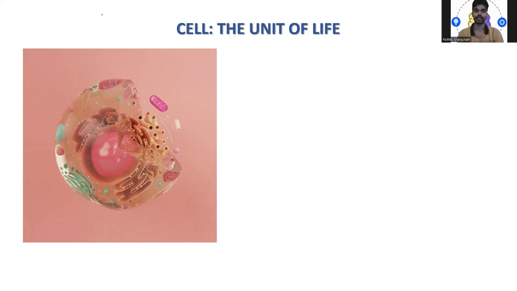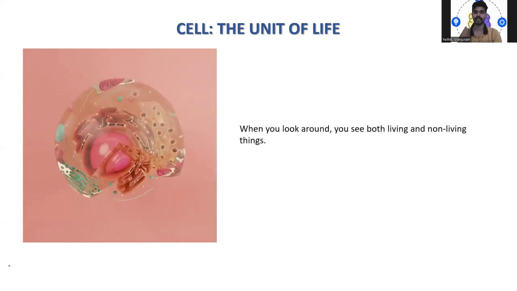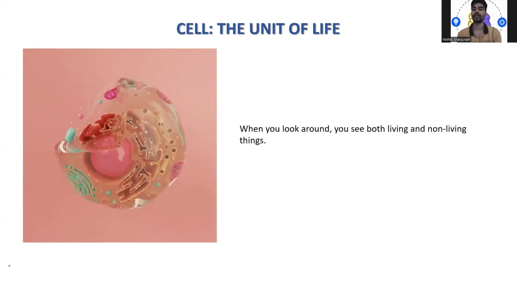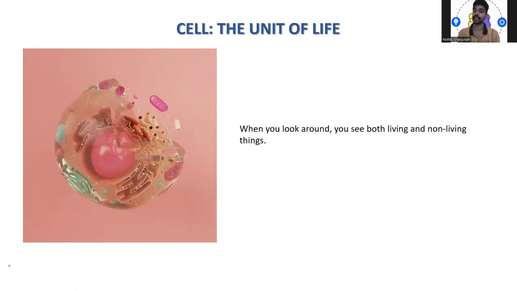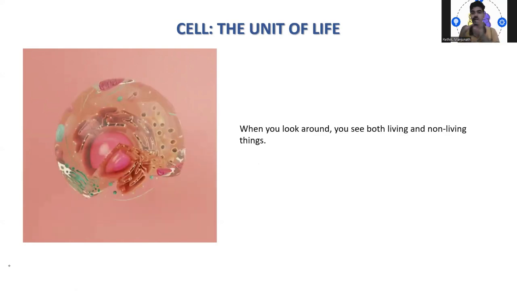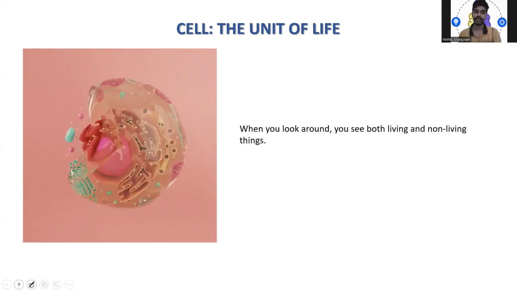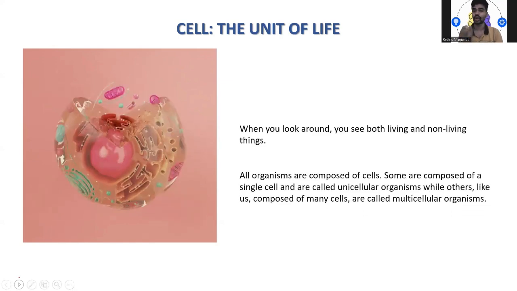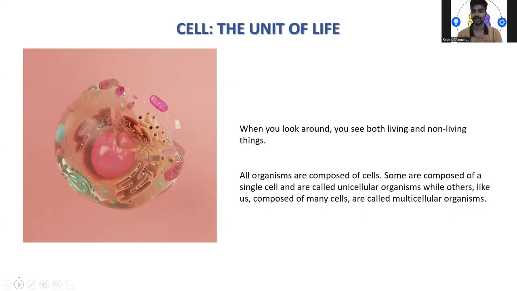So in this unit, we are going to discuss a major chapter, the unit of life, which is the cell. So what do you mean by cell? When we look around, we see both living and non-living things. One thing is very much sure: all organisms are composed of cells.